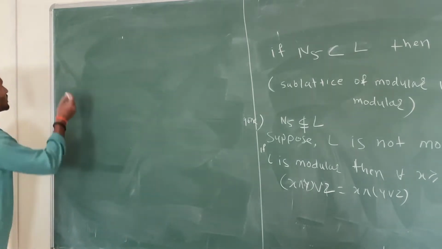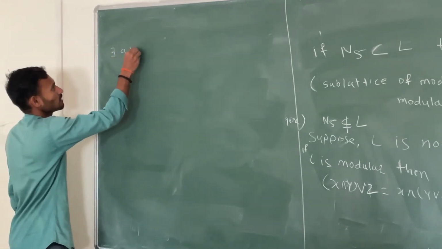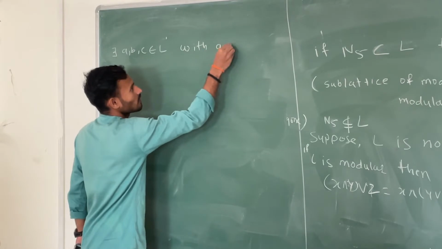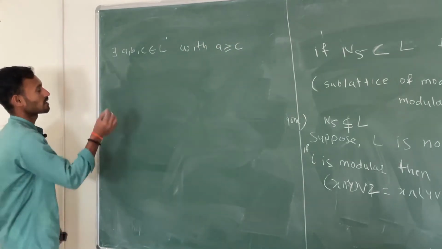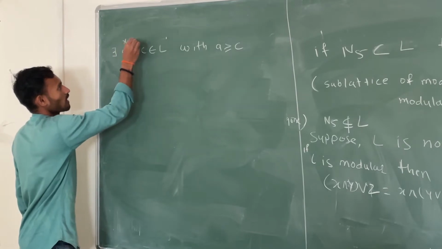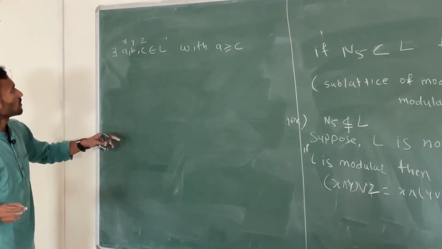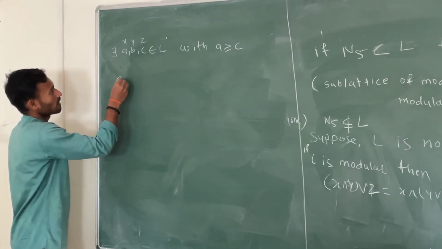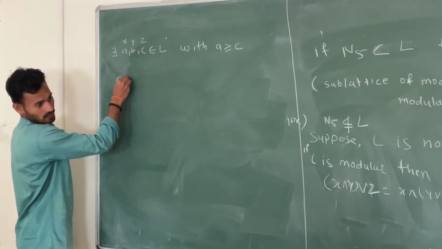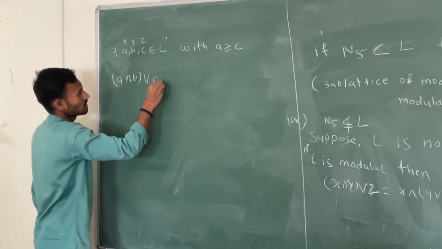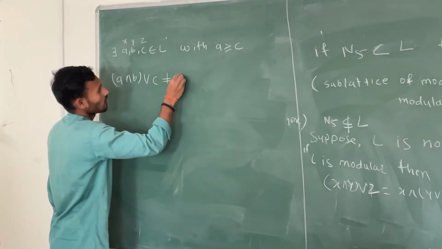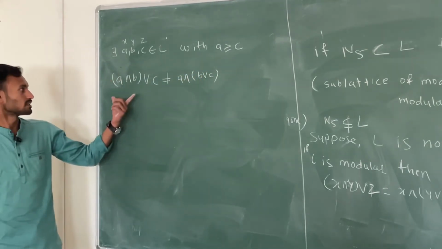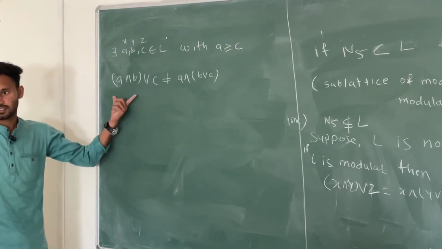So there exist a, b, c belonging to L with a greater than or equal to c. This is our x, this is your y, and this is your z. So a meet b join c is not equal to a meet, which means this L is not modular, therefore that property is also not satisfied.